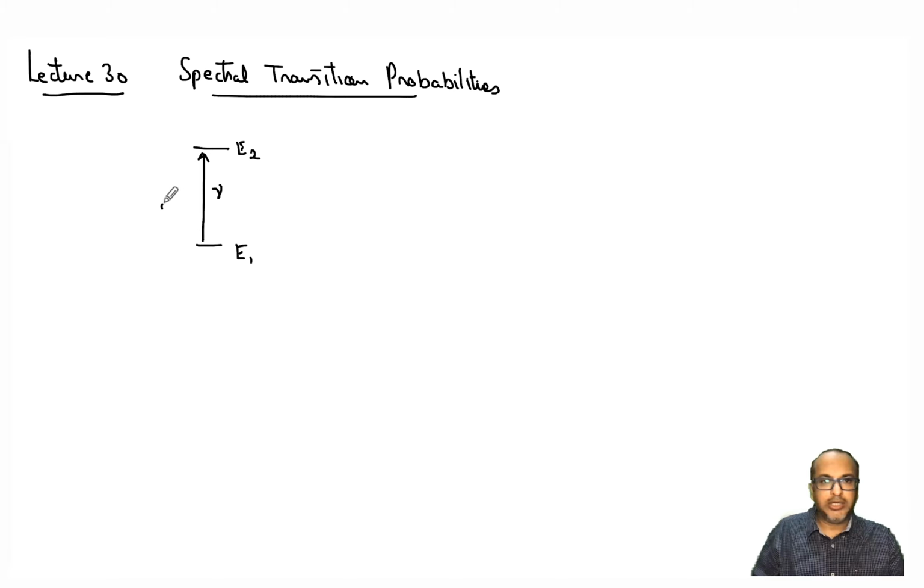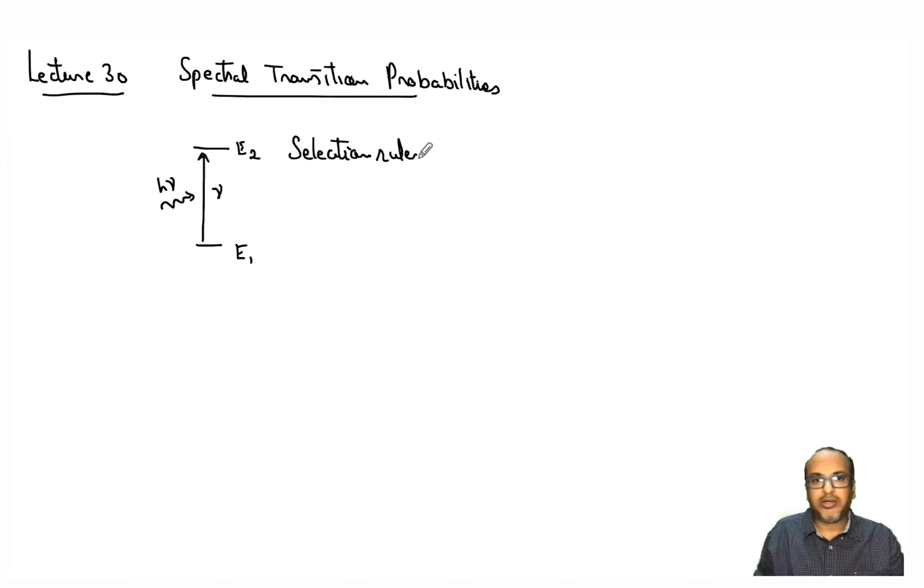So the energy corresponding to h nu will be able to carry out the transition from E1 to E2, right? And whether this transition will take place or not will be defined by the selection rules. So selection rules will tell you this.